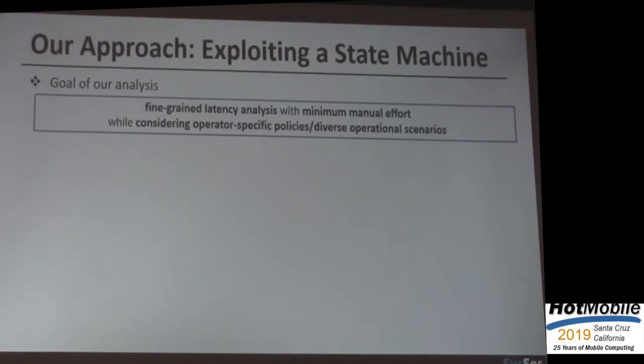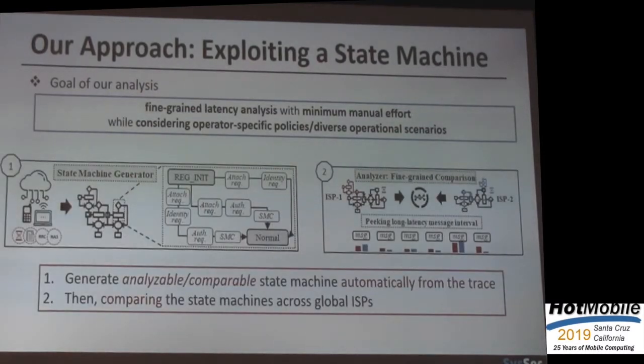Motivated by this, in this work we come up with the idea of exploiting a state machine. We set a goal, which is to conduct a fine-grained latency analysis with minimum manual effort while considering diverse operational scenarios. To achieve this goal, our strategy is to generate analyzable and comparable state machines automatically from the trace.